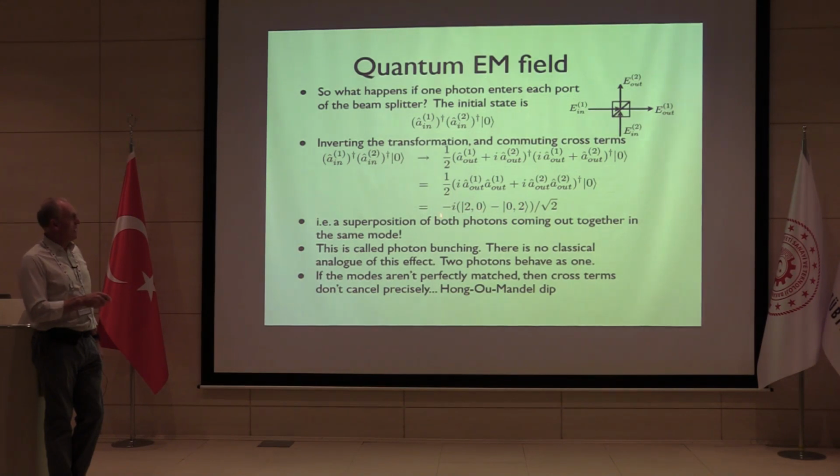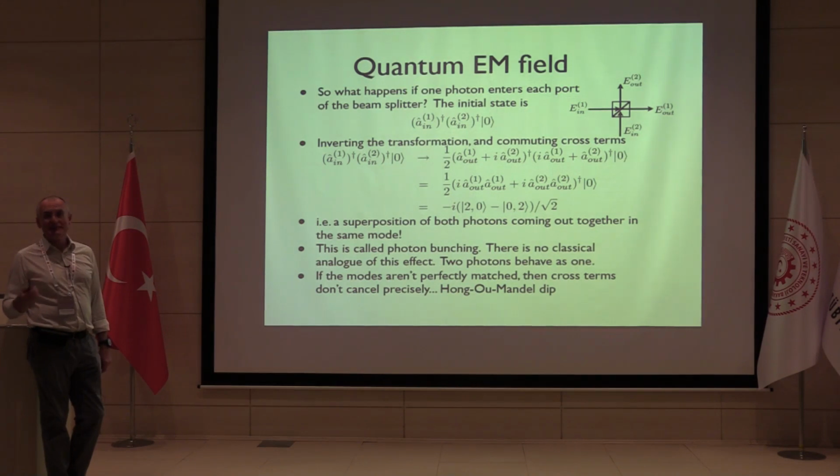This factor doesn't matter because it's called the global phase. What matters is the phase between these two terms. This phase doesn't matter because this is still at the level of amplitudes. When you go to observables, observables will be intensity. Intensity is the product of this one times its complex conjugate, and this phase will disappear.